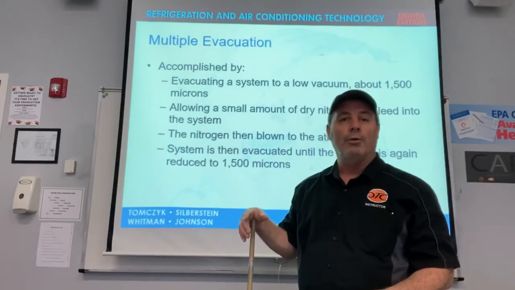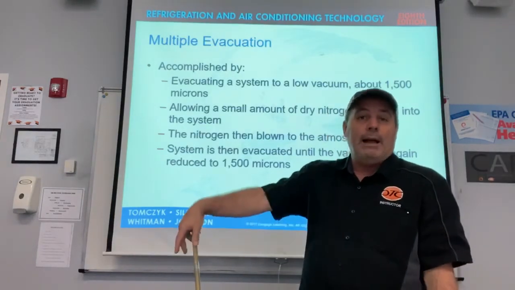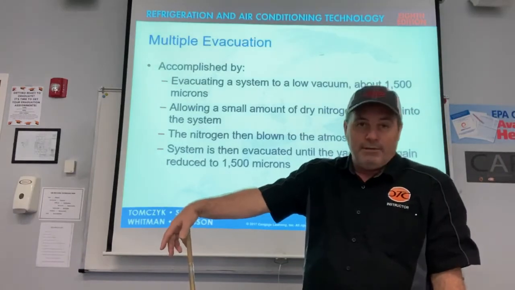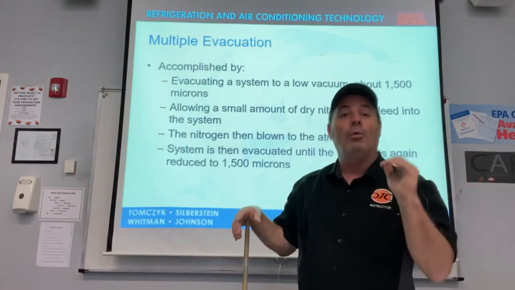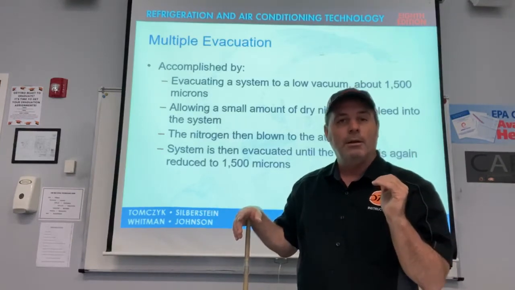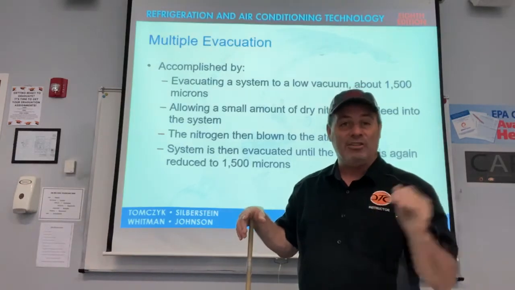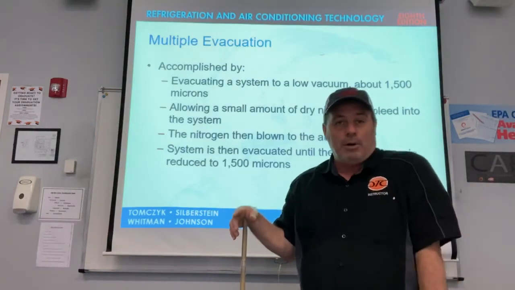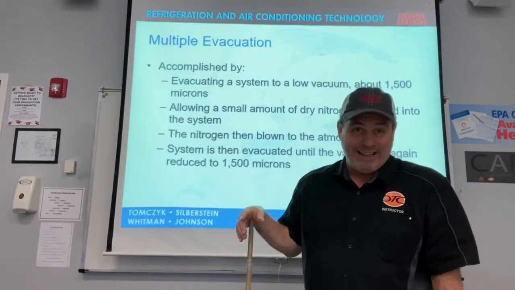Let's say we have water in the system and we want it out. The very first way you're going to do that is running a vacuum. The vacuum will, by lowering the pressure, boil the moisture, the water, into a gas and pull it out through your vacuum pump. By lowering the pressure below atmospheric, you can boil it without heating it.